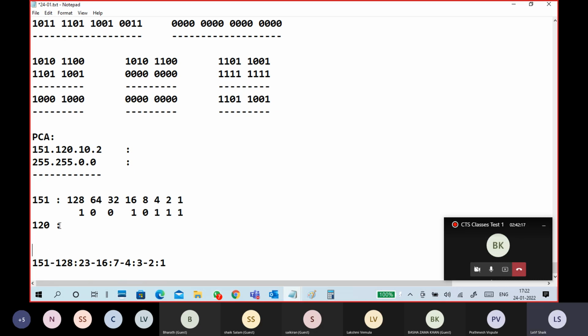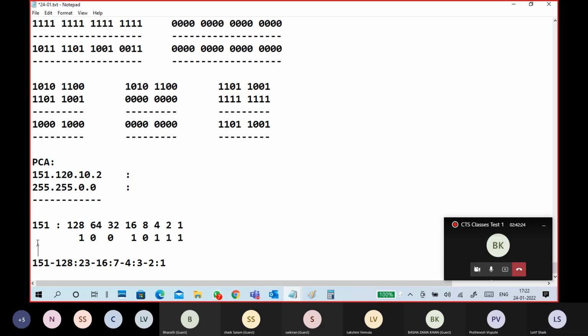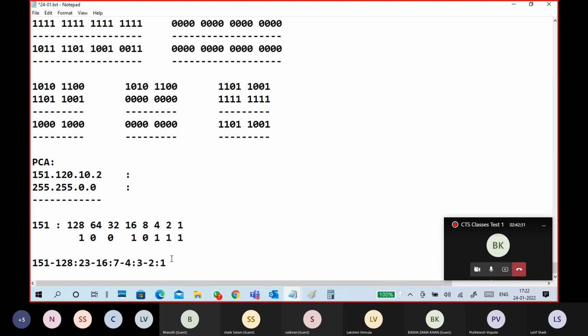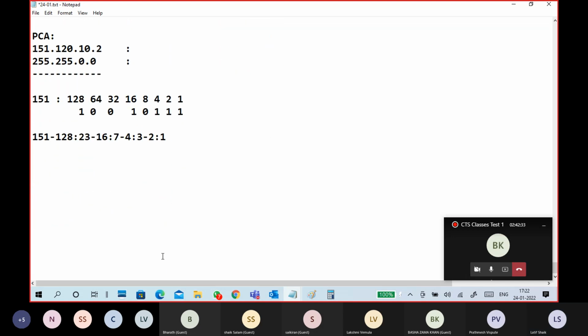So whenever you see 120, compare it with 128. 120 is smaller.